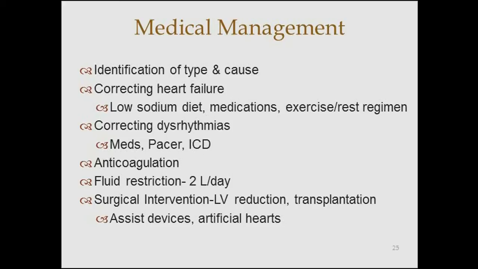Now, obviously, if it's a very large part of the left ventricle, you can't resect the whole thing. So the LV reduction is really aimed for cardiomyopathies that are isolated to one small area. Okay? And then, of course, transplant, I talked about that.